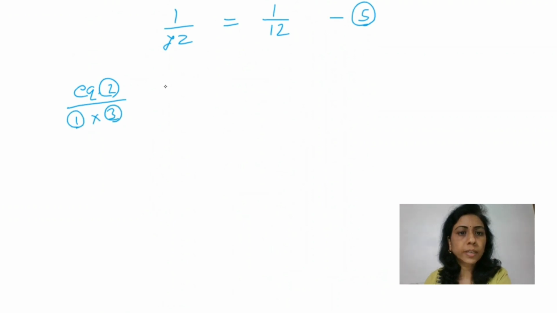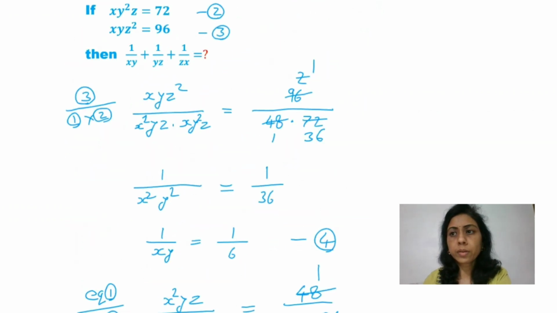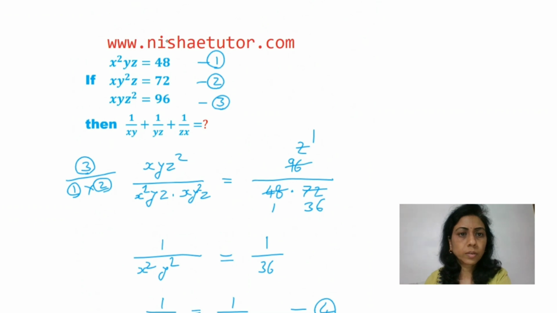Equation 2 is xy square z, x square yz, multiply third one is xy z square. Second one value is 72, first value 48, and third value 96 from here.